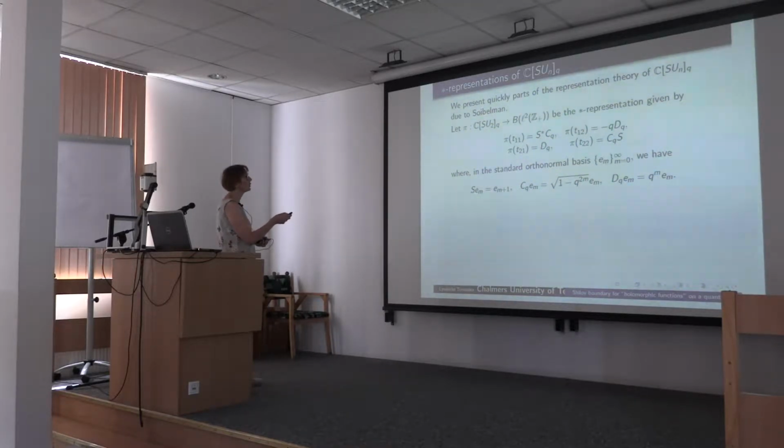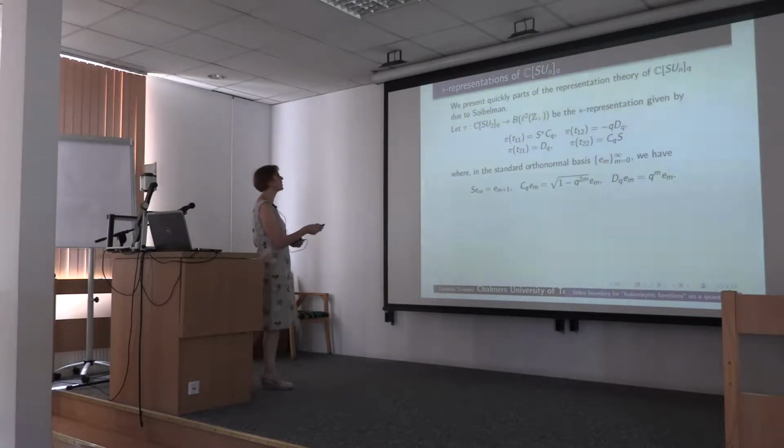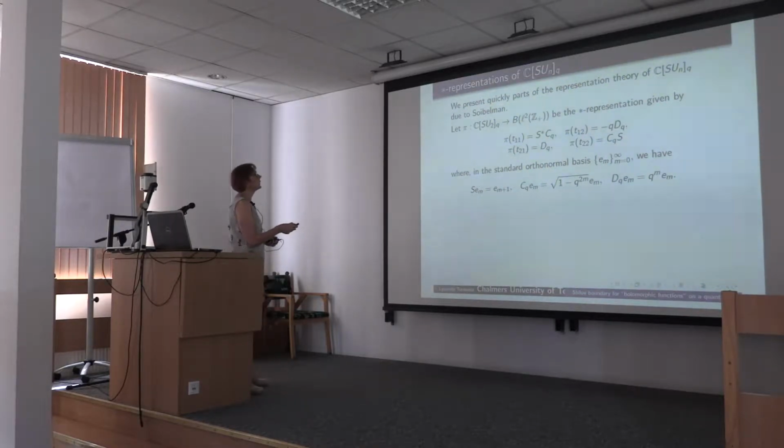But first I want to give some introduction to the star representations of these quantum groups, C(SU_n,q). It is a very nice theory, given by Soibelman, and it's as follows.